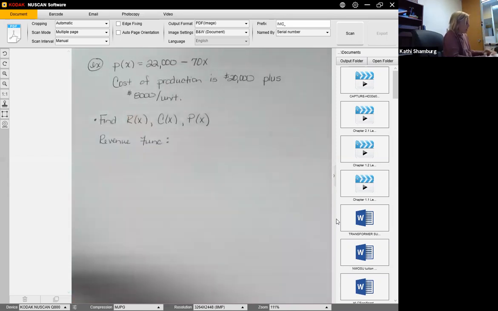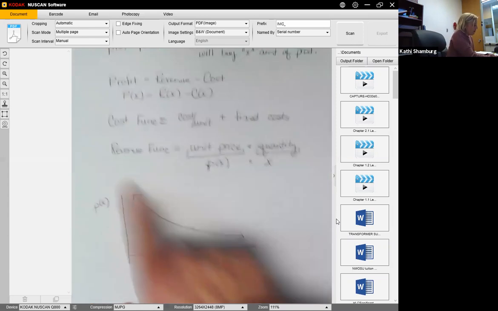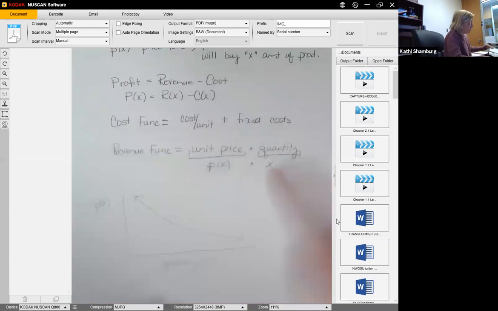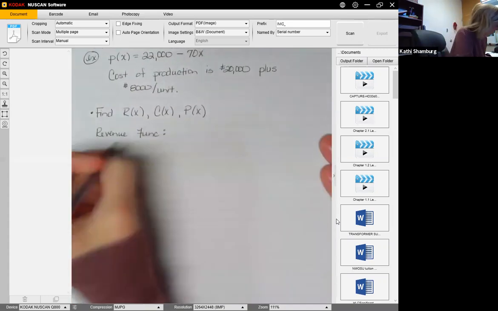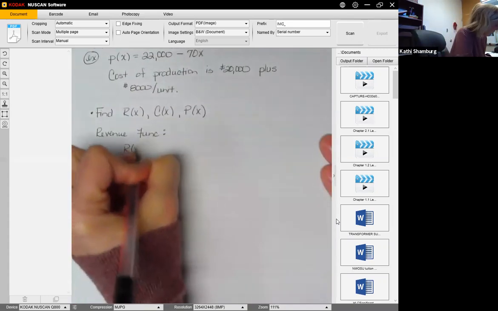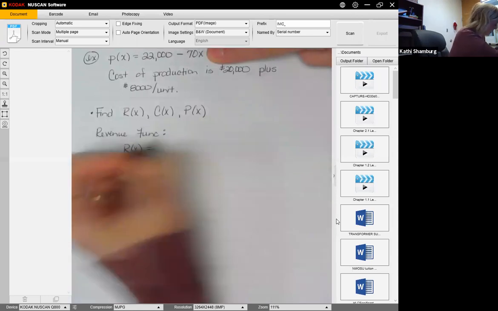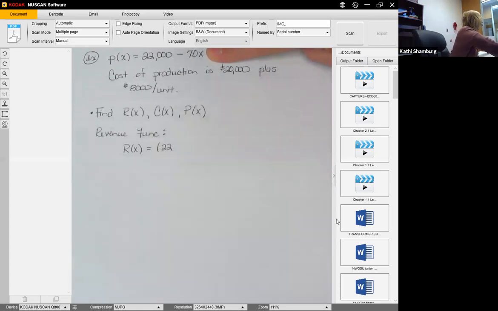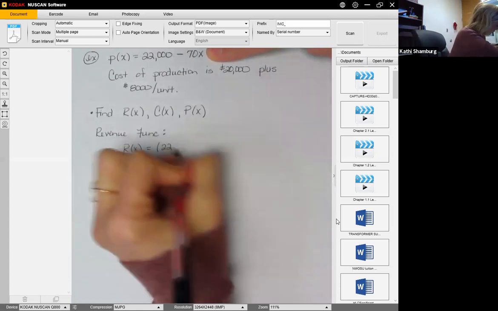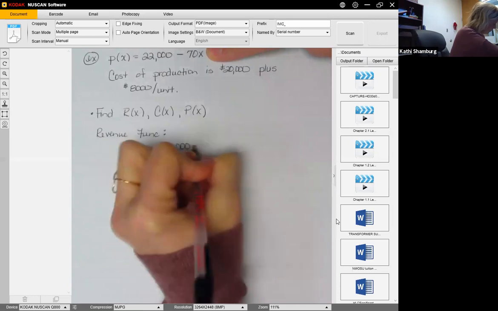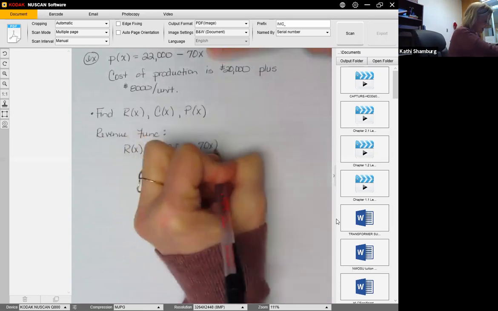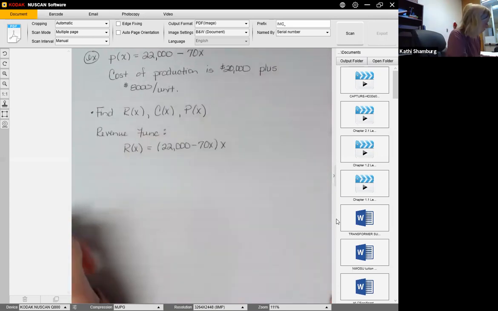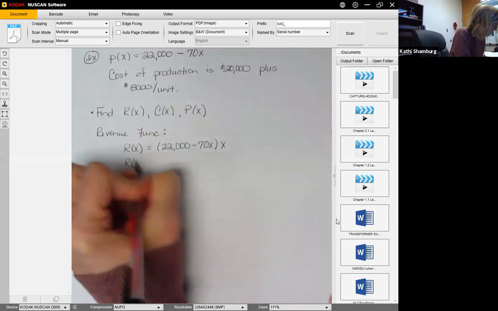So if we go back, the revenue function is unit price, which is P of X times quantity. So my revenue function is going to be P of X times quantity, which is X. So of course, we're just going to go ahead and distribute that.